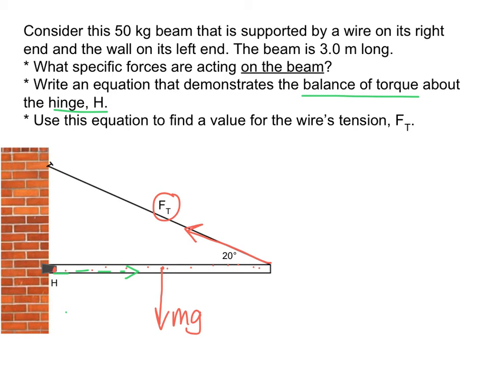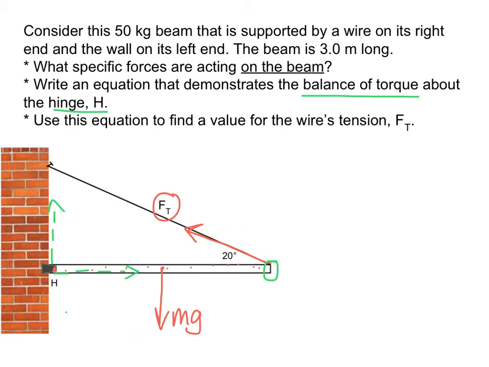What if I actually chose this point here as my reference point, my axis? Then the weight would cause this sort of rotation. This force wouldn't matter at all because it's acting right at my hypothetical pivot. And so my force from the hinge must point upwards in order for this to all come true. So that's really the only way that you can figure out the direction of some of those forces.